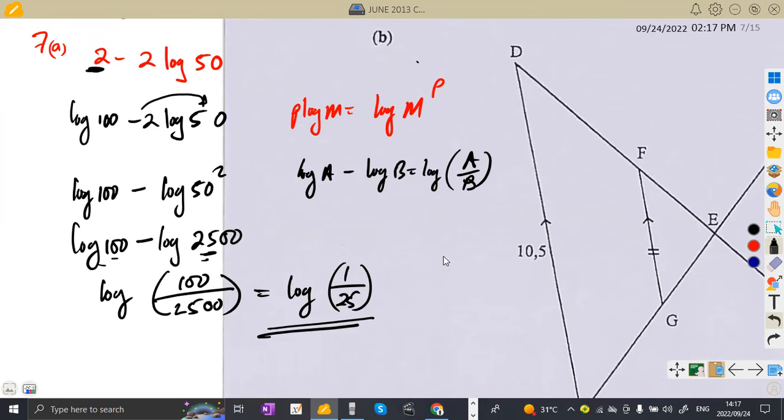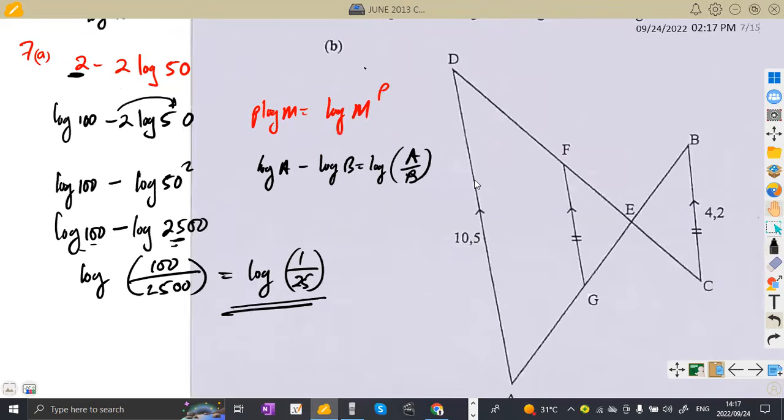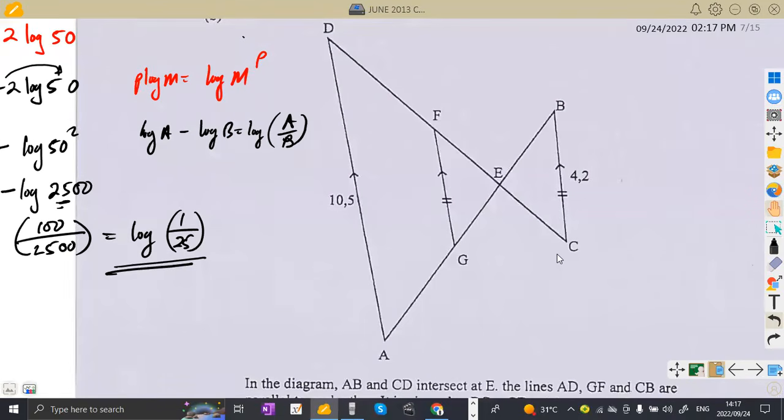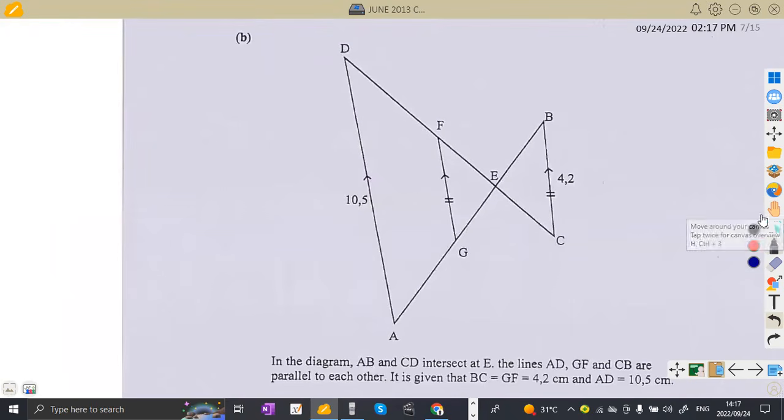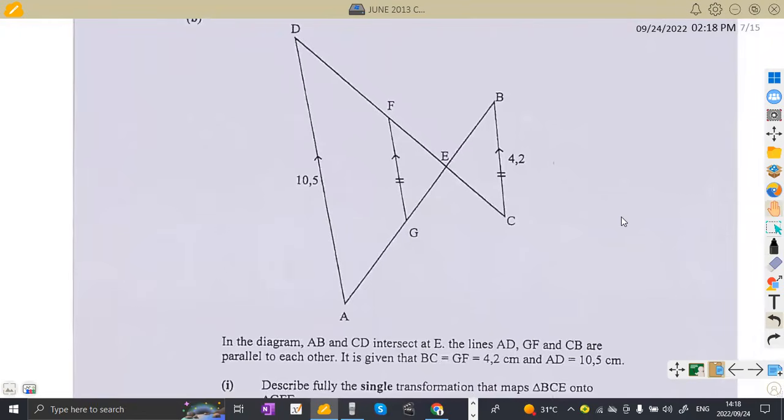Okay, then let's see the other part on B. We have got a diagram that we have here. So I'm just going to remove this part, okay, on this page only. All right. We are now given the B part here. Let us read the information so that we can understand what is happening there.